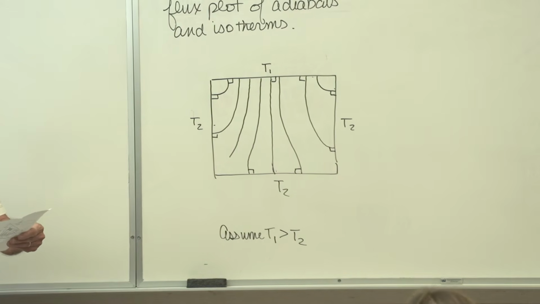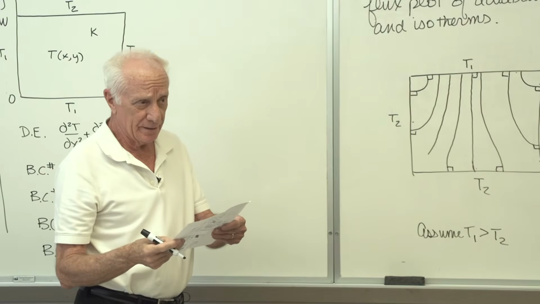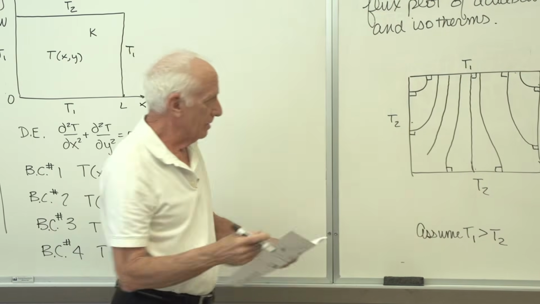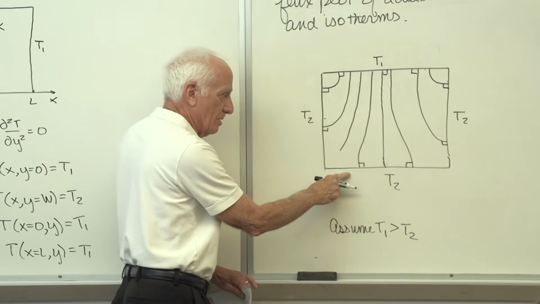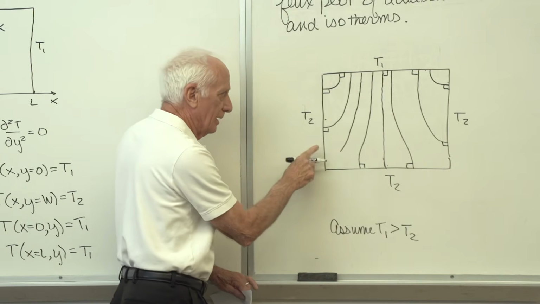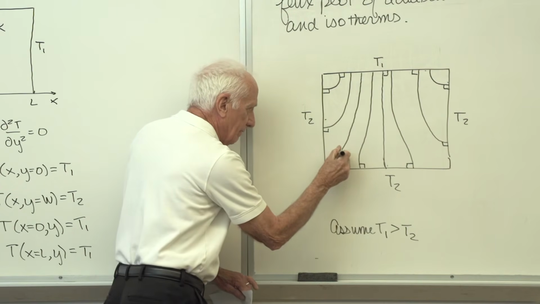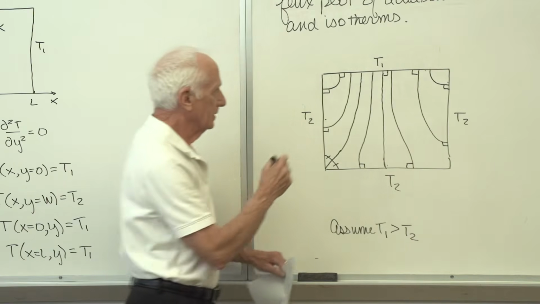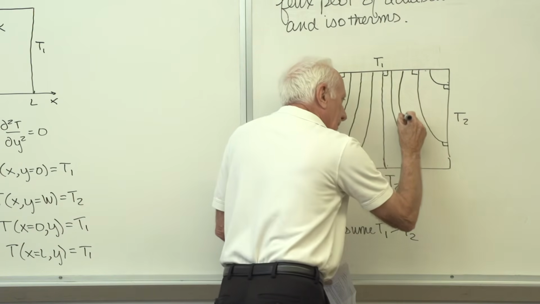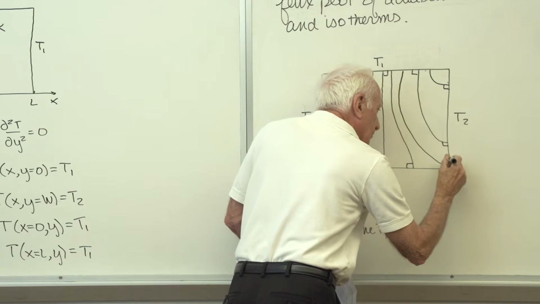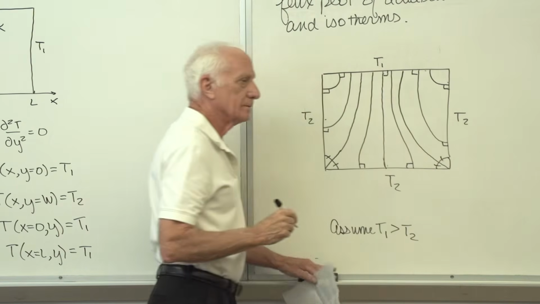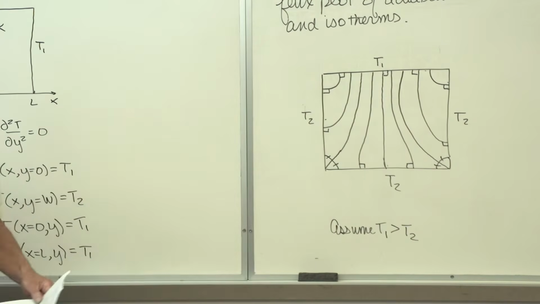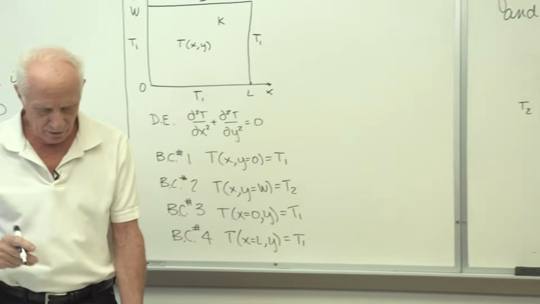Rule number 6. An adiabat bisects an isothermal corner. This is an isothermal corner. T2, T2, bisects, comes in 45 degrees, equal angles. There it is. This guy comes down here, goes into that isothermal corner, bisects it. There are my heat flow lines called adiabats.